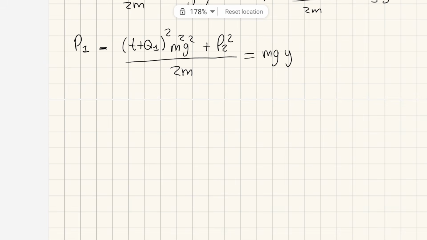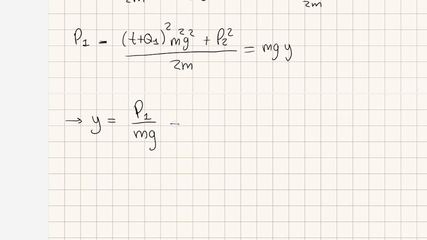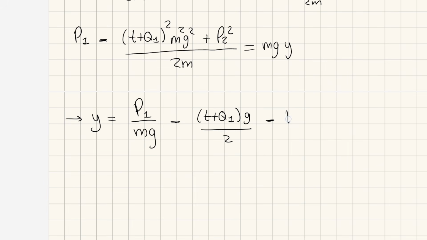So we will get that y is equal to p1 divided by mg minus, okay, with this m dividing here, we will only get a g surviving at the numerator. So this will be t plus q1 squared times g, and these two in the denominator, and then minus p2 squared divided by 2m squared g.